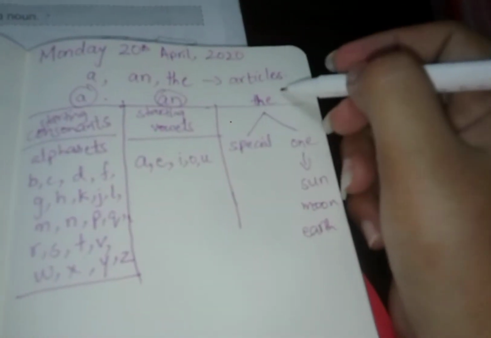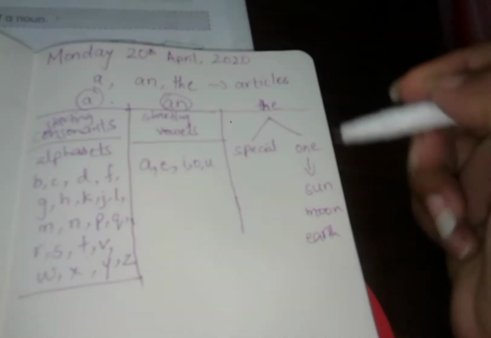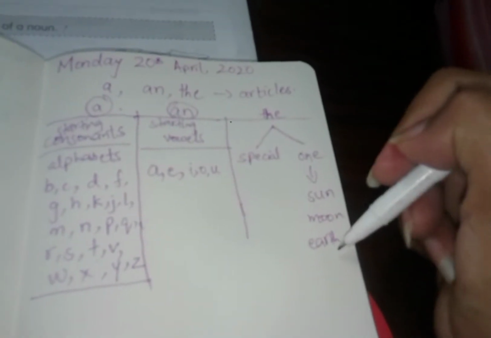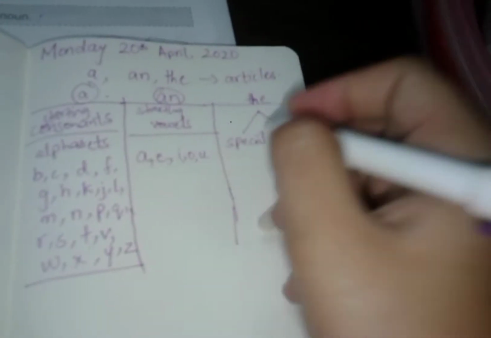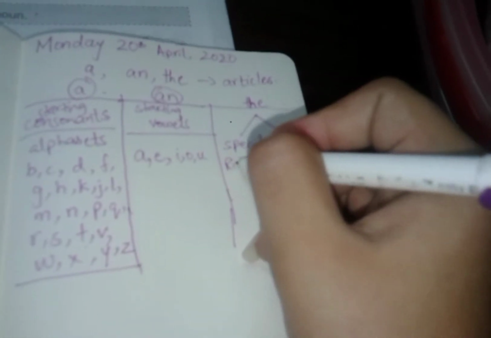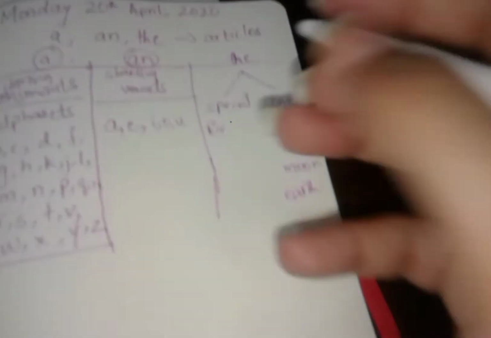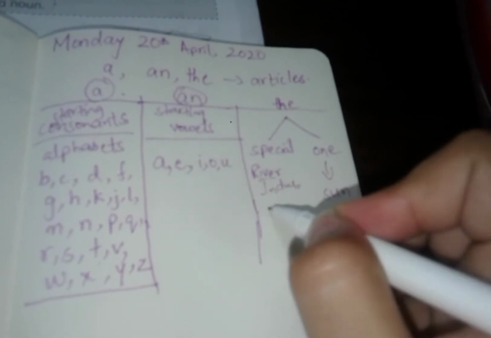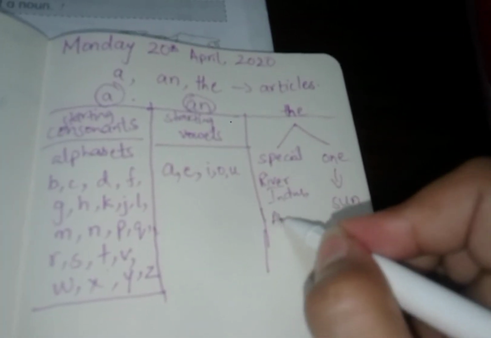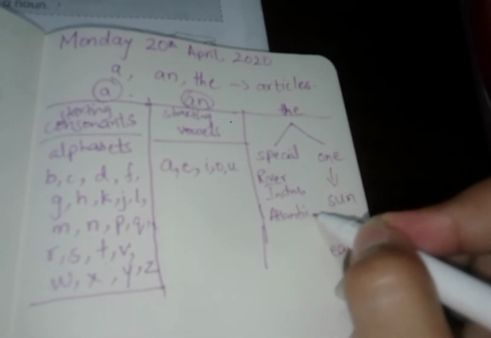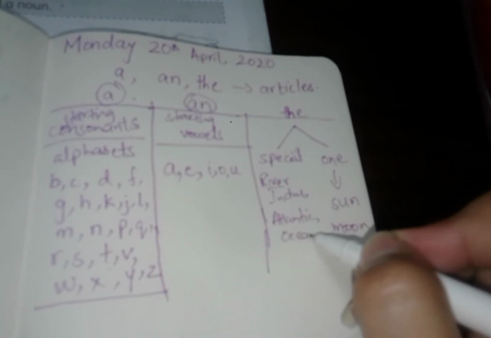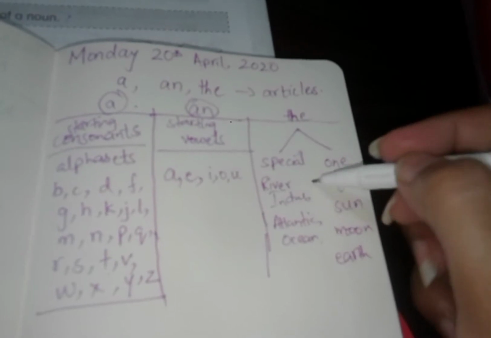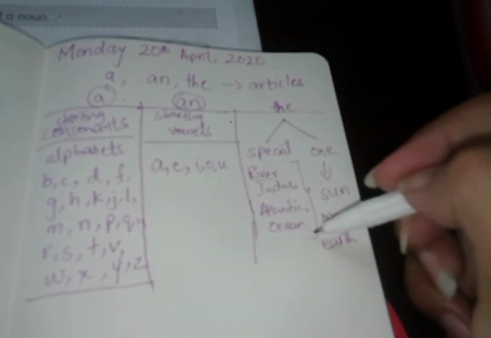So we'll use the with sun, moon, earth, like the sun, the moon, the earth. And for the special ones, for example, there are lots of rivers, but there is only one river Indus. There is only one Atlantic Ocean, right? So these are basically the special nouns. So we use the with these nouns.